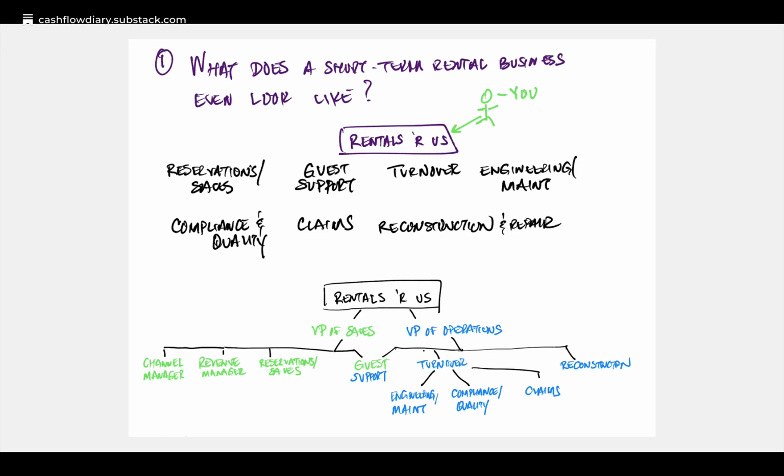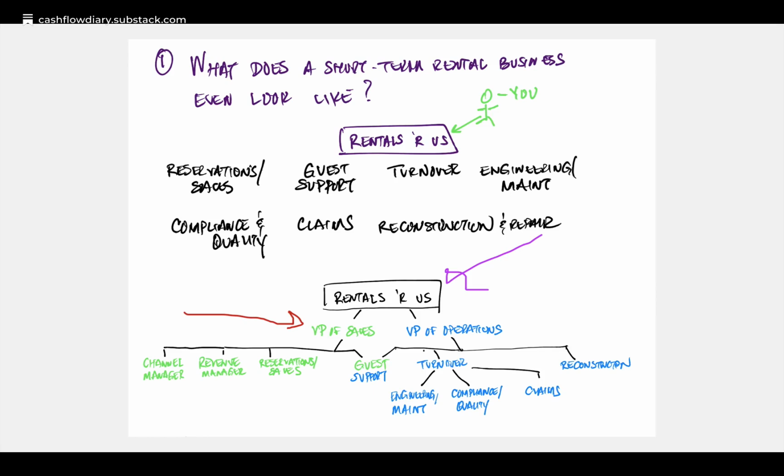So at the bottom, if you look, it says Rentals R Us. In the green, you have the VP of sales, and you can see that those individuals all kind of report to a VP of sales. So let's pretend that you were still over here as the owner, right? If you're still the owner, the VP of sales is reporting to you, right?